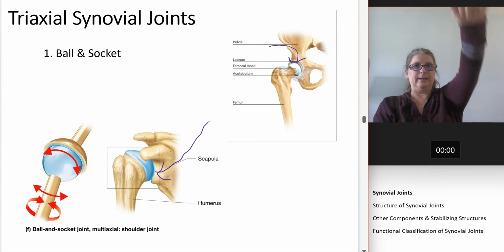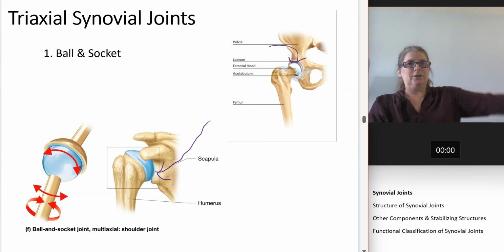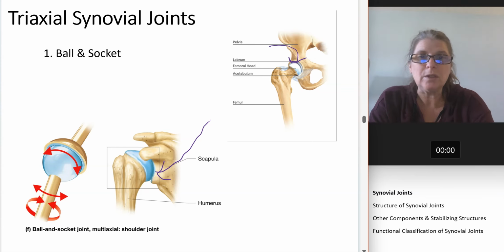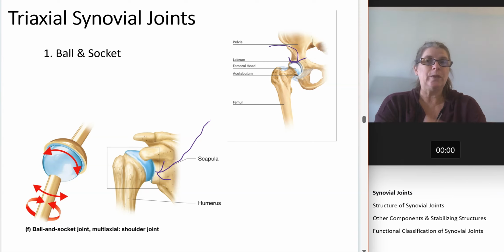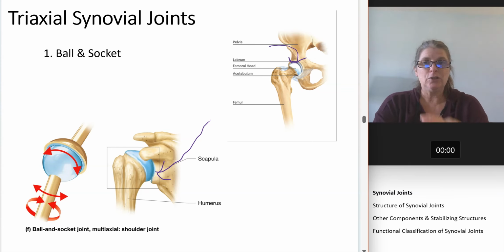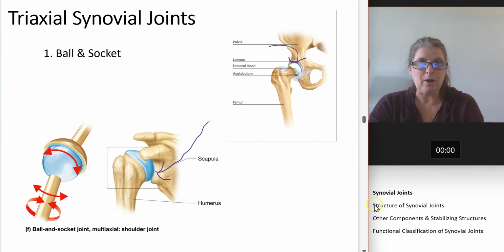We have flexion and extension, we have abduction and adduction, and we have rotation. So our triaxial joints are going to be the most movable joints. The name of the joint, ball and socket joint. Example in the human body, shoulder and hip. Type of movement, triaxial. So that concludes our classification and information on synovial joints.